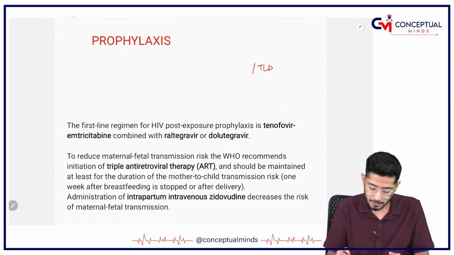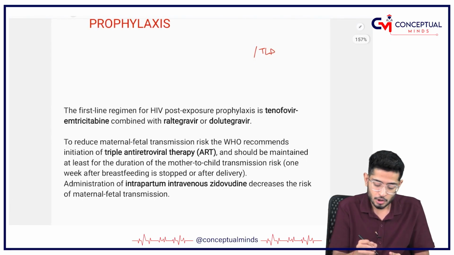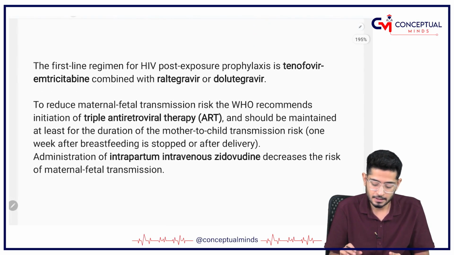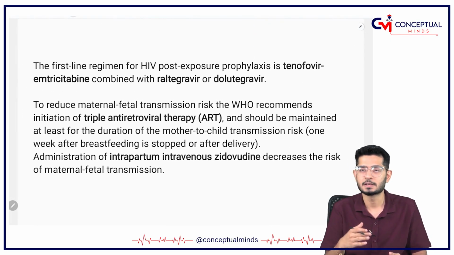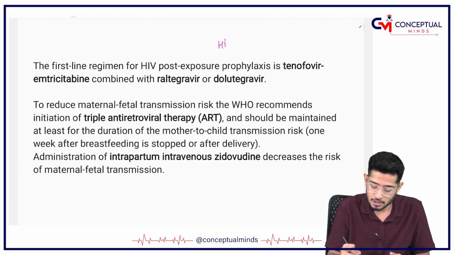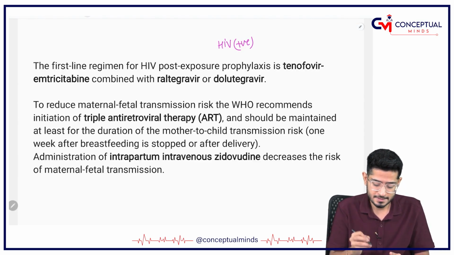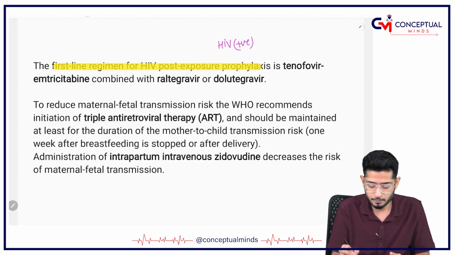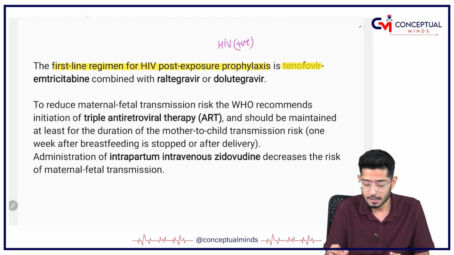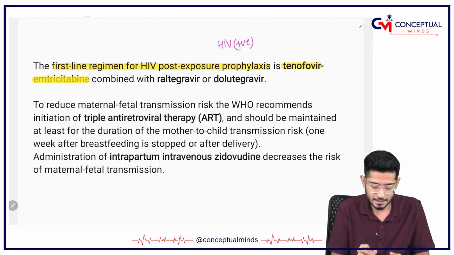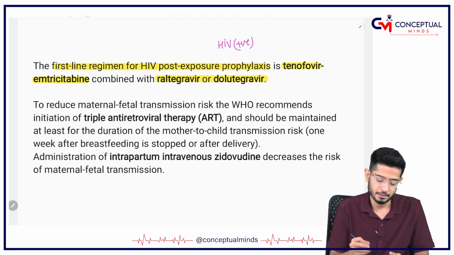Now, important part, that is prophylaxis. Okay, so for example, accidentally or by chance, if some patient is coming in contact with an HIV positive patient, then what is going to happen? Then the first line regimen for HIV post-exposure prophylaxis is tenofovir, lamivudine combined with dolutegravir or raltegravir.